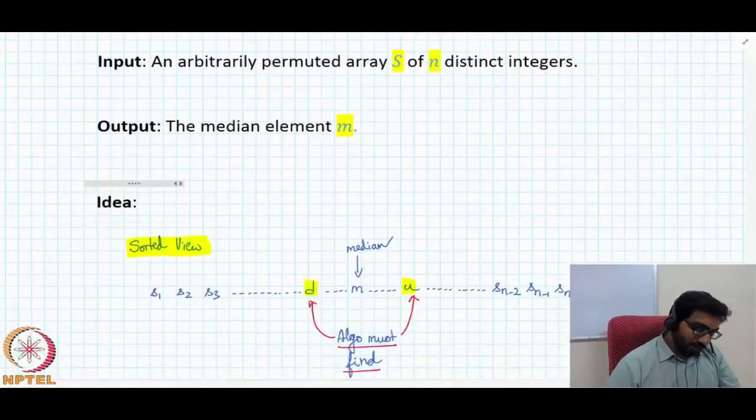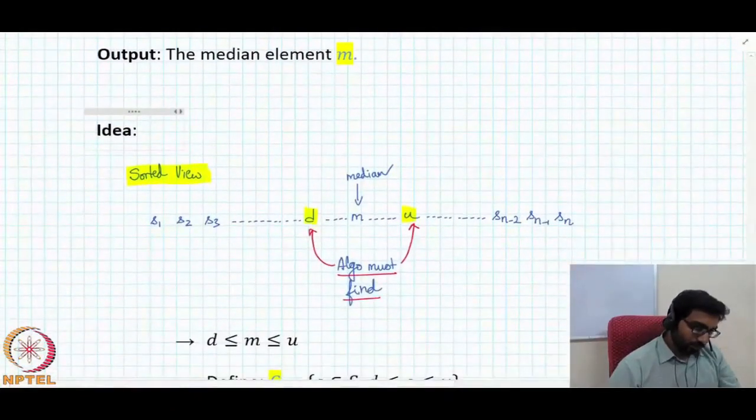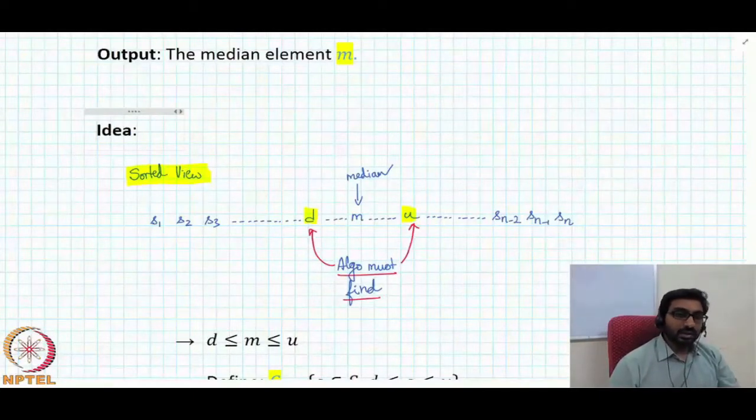And the key idea is the following. We have an input array S. Let's view this array in its sorted form. I'll have to emphasize here that the input is arbitrarily permuted. When we are talking about the sorted view, we're purely talking about the array from the analysis point of view, so there's no sorting that's actually happening.